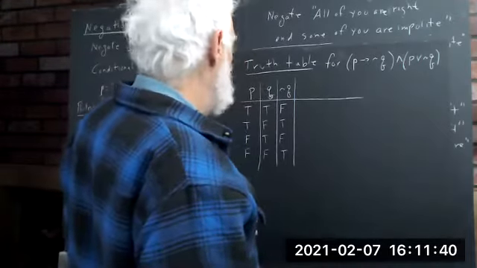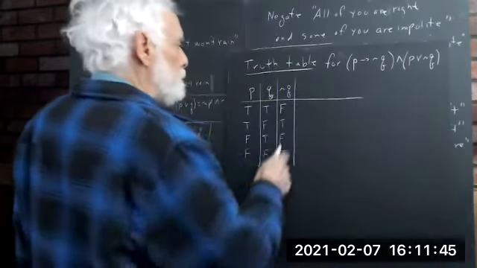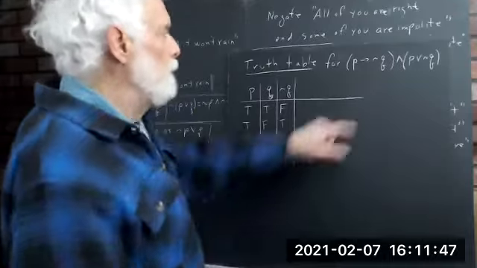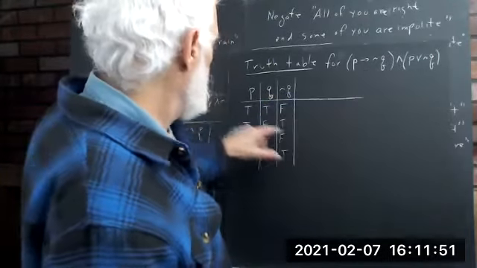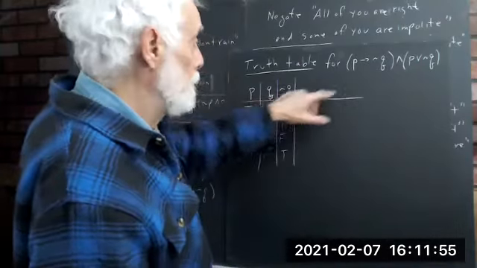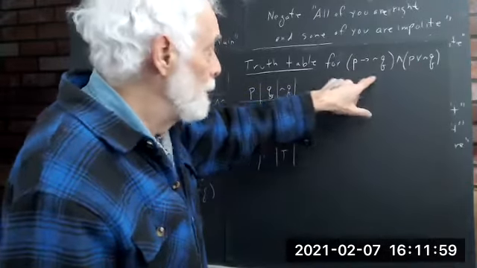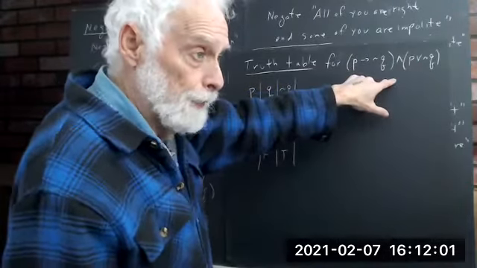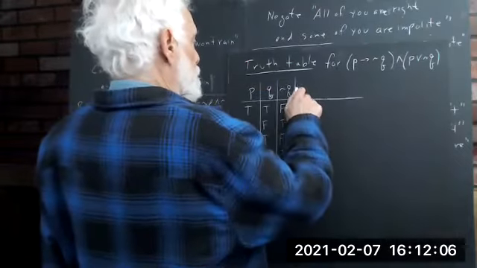Well, we're going to need this statement, and we can evaluate if P then not Q just by looking back at the truth value for P and the truth value for not Q. The rule is this is going to be true unless this is true and this is false. Very simple. Of course, we have to know that rule.